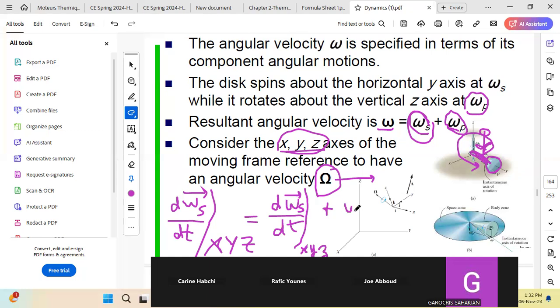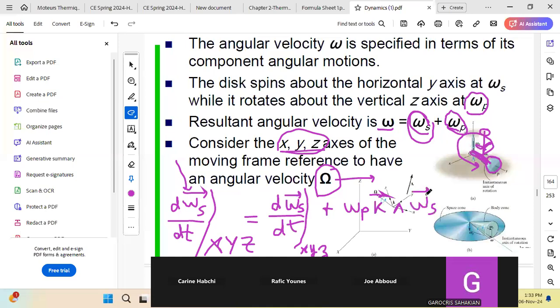So it's omega p k, which is big omega, vectorial vector A. What is my vector A that I am deriving here? In this example, vector A is omega s. So vectorial omega s.